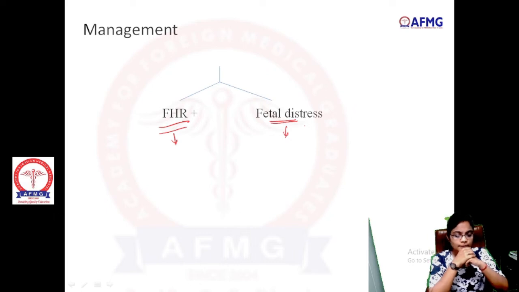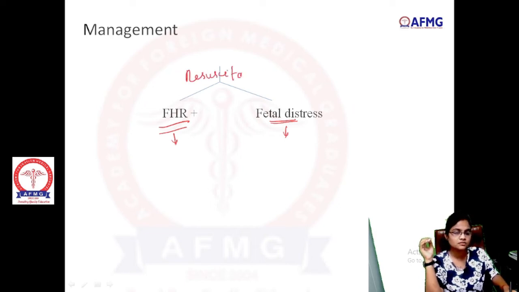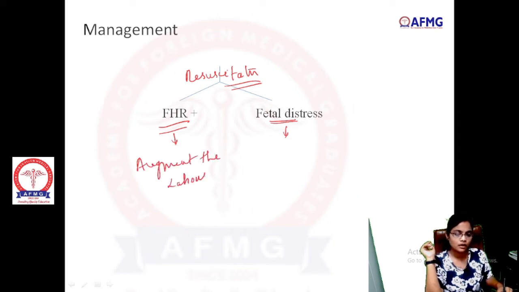See, basically in fetal heart rate and fetal distress, the resuscitation is very important. How are we going to manage this kind of a patient with abruption of placenta? For example, if fetal heart rate is present, you can augment the labor. Okay, easily you can do normal vaginal delivery.